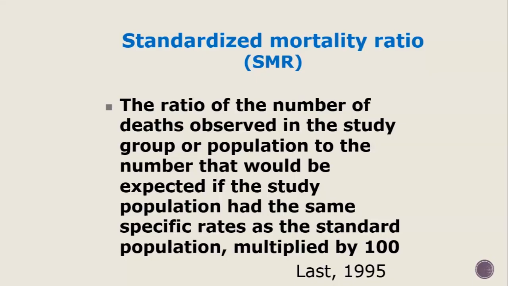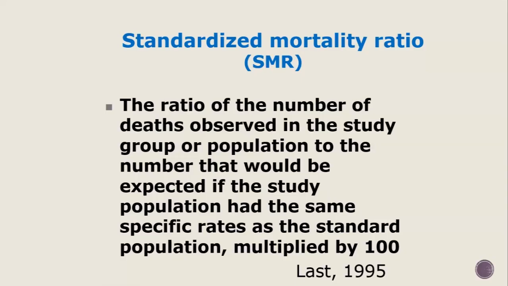Because usually when you divide observed by expected, you get a very small fraction. And so to make that fraction into a whole number that we can interpret, we multiply that by 100. So in looking at associations using standardized mortality ratio, the point of no association is 100.